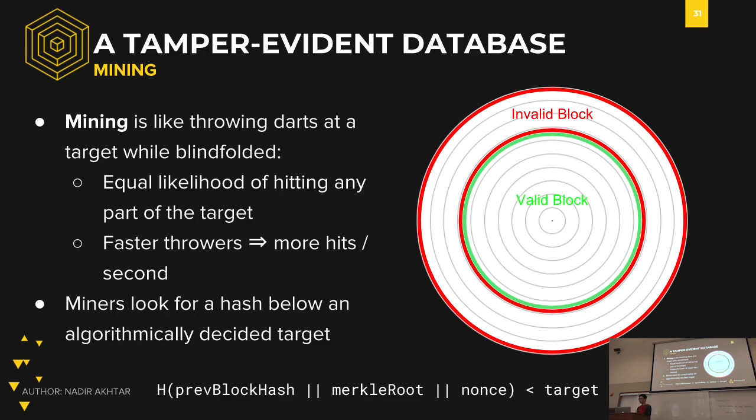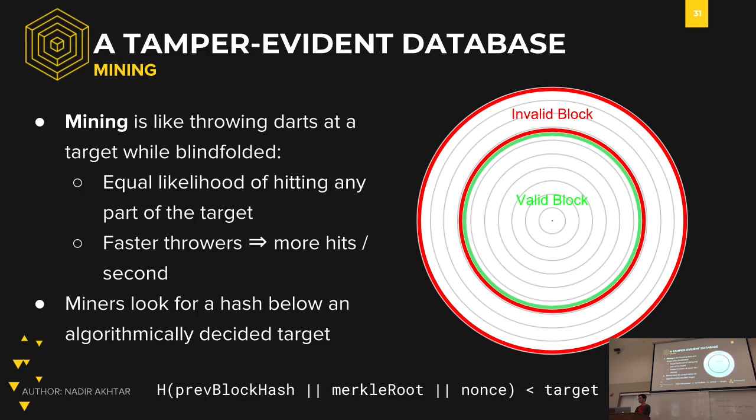We don't know what inputs or what nonces, when everything gets hashed together, will generate those outputs with a certain number of zeros, right? So the idea is that we just keep guessing what this nonce is. We increment things so that we can find a hash that satisfies this requirement.